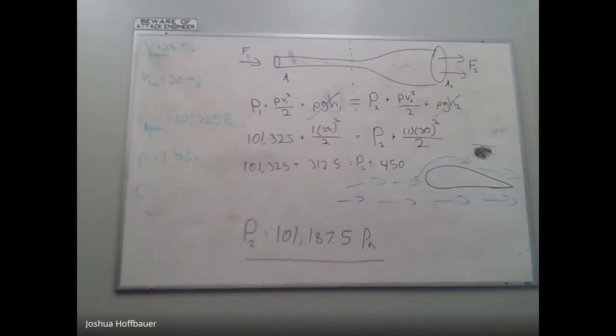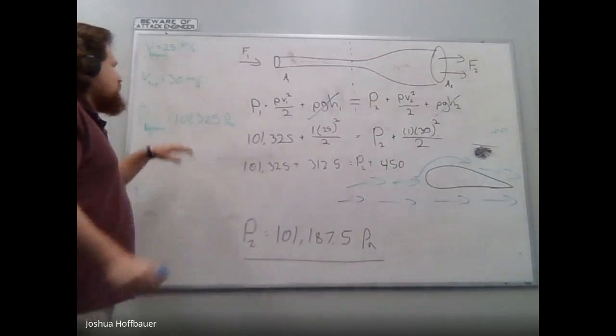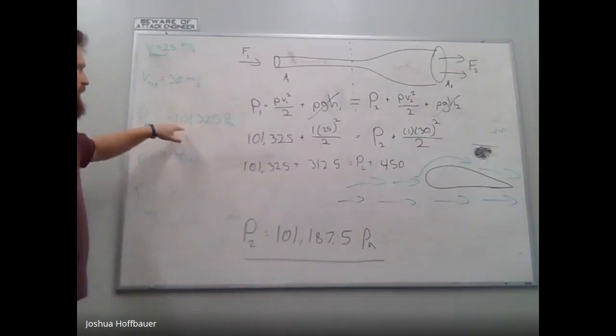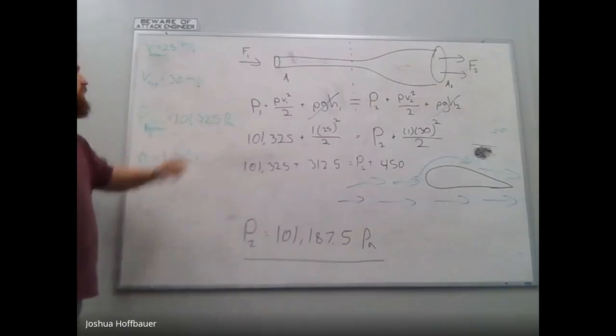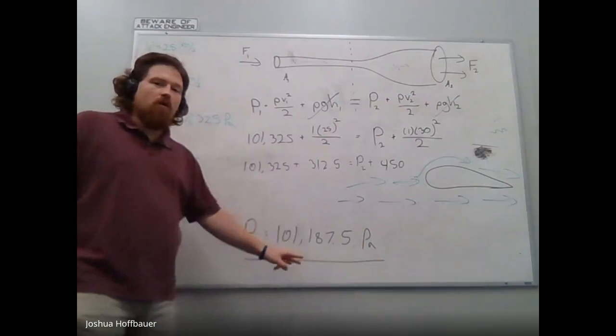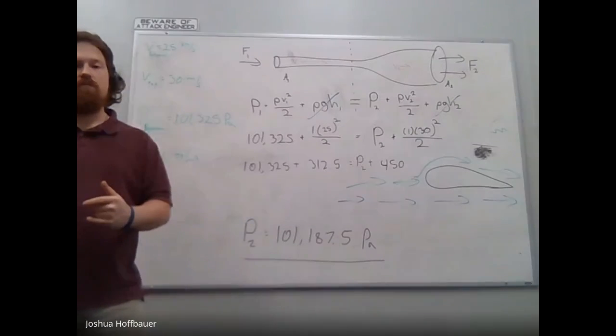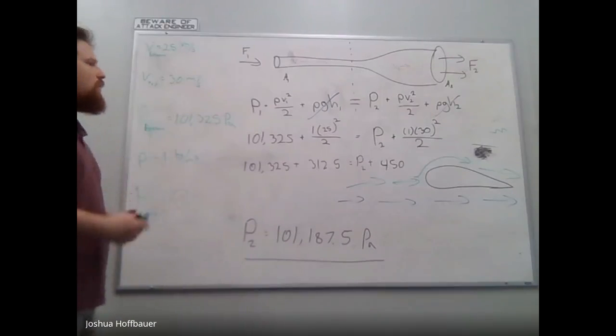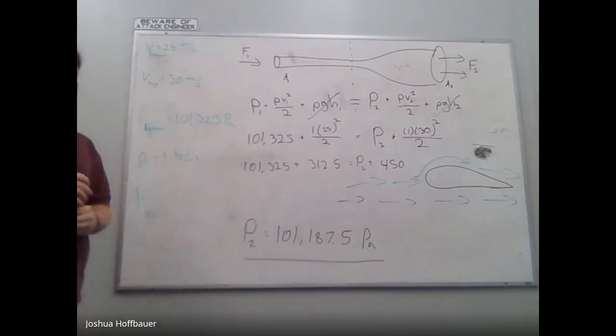Now, the pressure beneath the wing is 101,325. The pressure is lower on top of the wing.